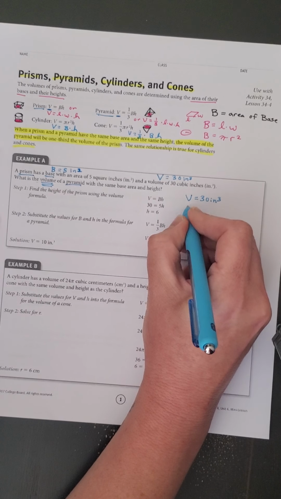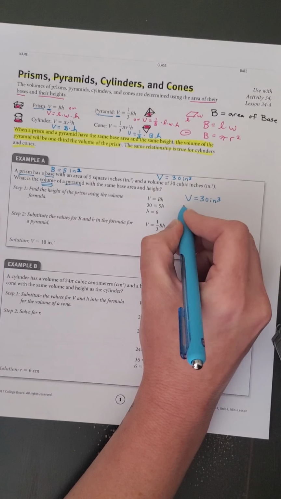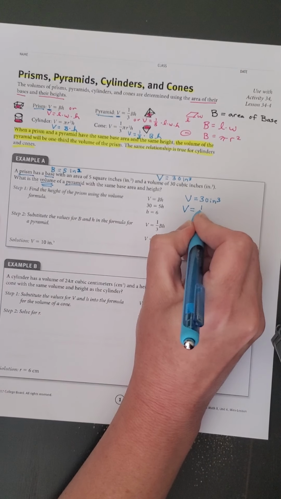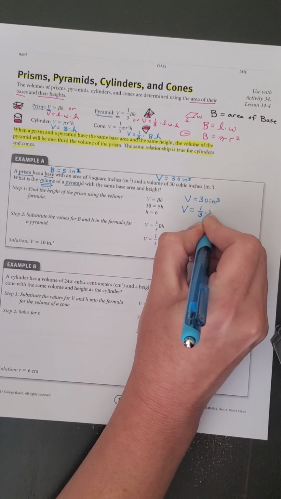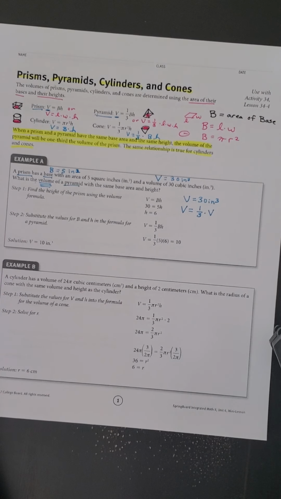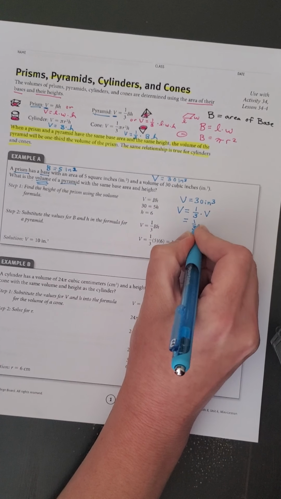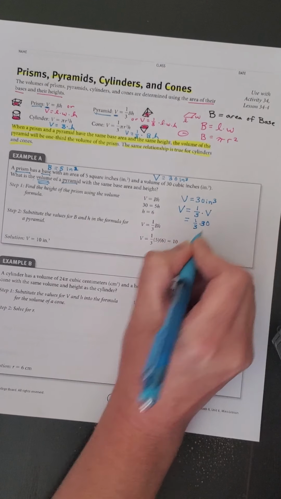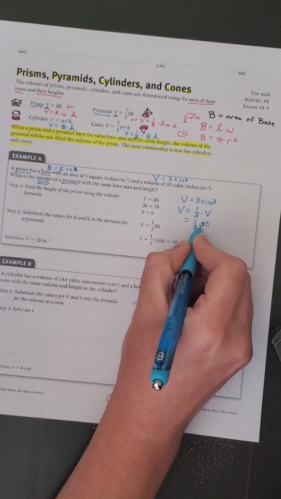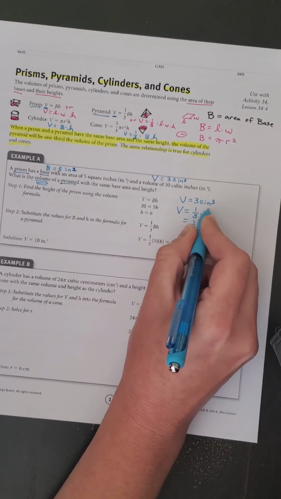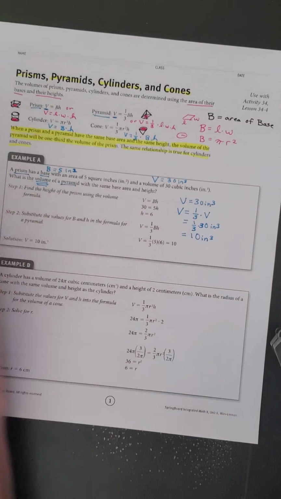And 1/3 of 30 is 10. So this would be 10, and remember this was inches cubed, so 10 inches cubed. This is how I would do this problem.